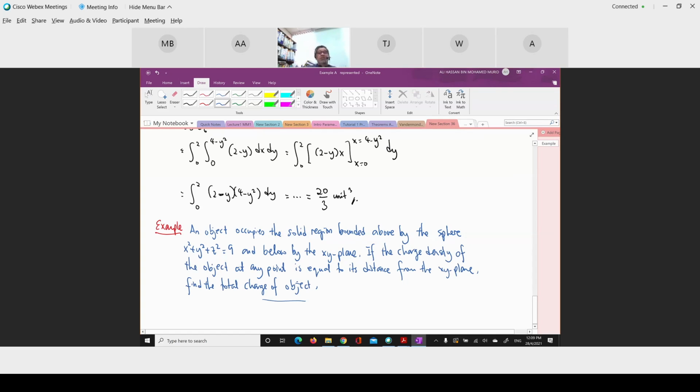Okay, this is a problem from a calculus book. It's an exercise problem, so I have to work out the solution. It's not given as an example from a calculus book. This is from an exercise problem from a calculus book, so I have to work out the solution here.